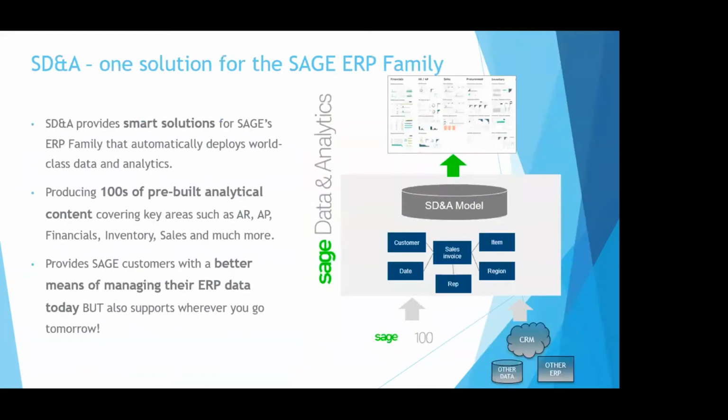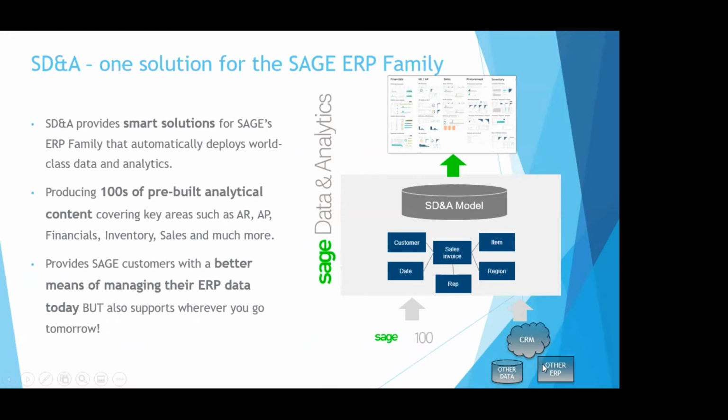So Sage Data and Analytics, one solution for the Sage ERP family. Over on the right, I have my Sage 100. I am pulling in all these data containers into a model, and then I'm reporting off of it. Not only that, I can use Sage CRM, other ERPs, perhaps. I used that Sage 50 example earlier.